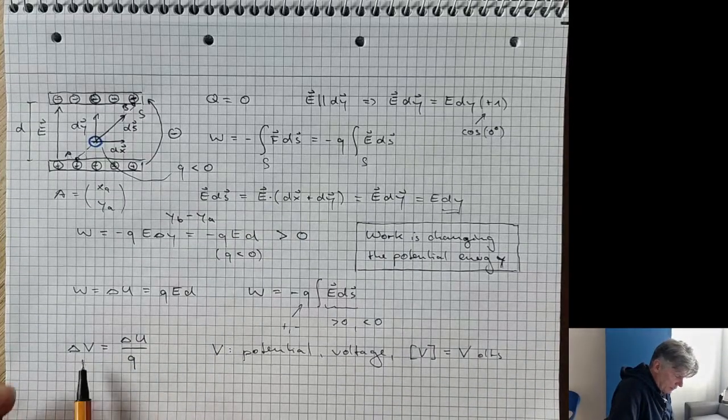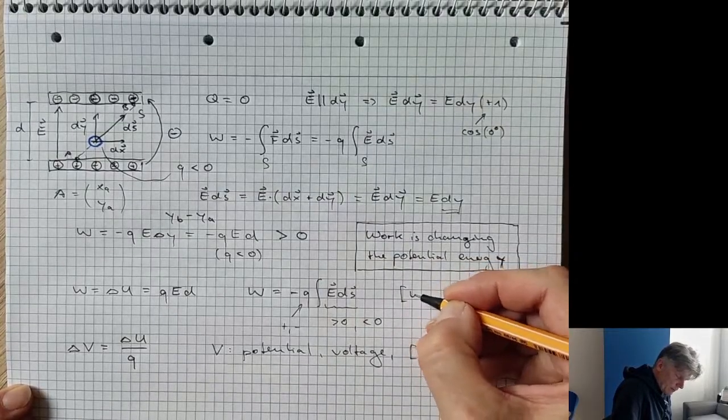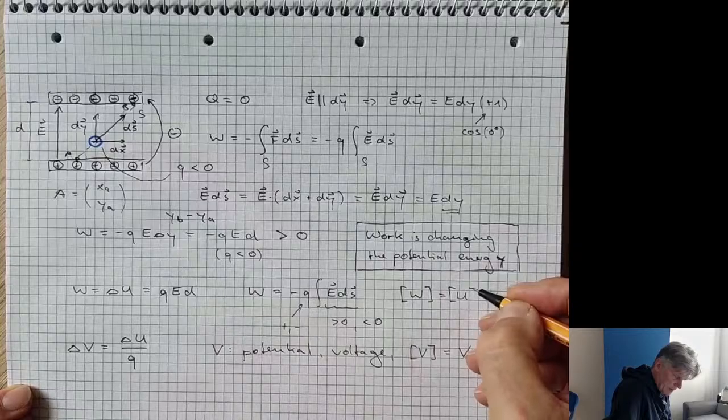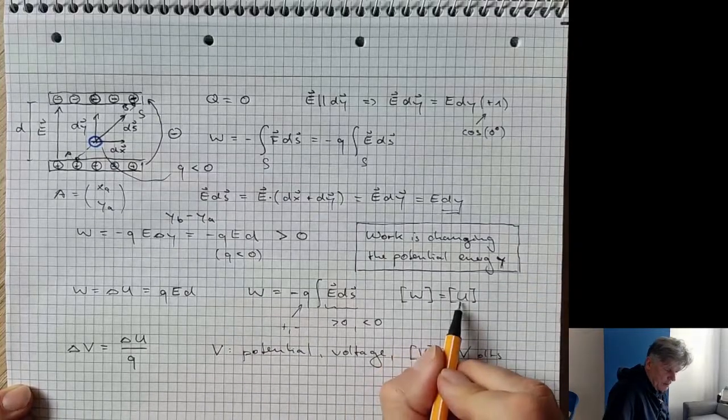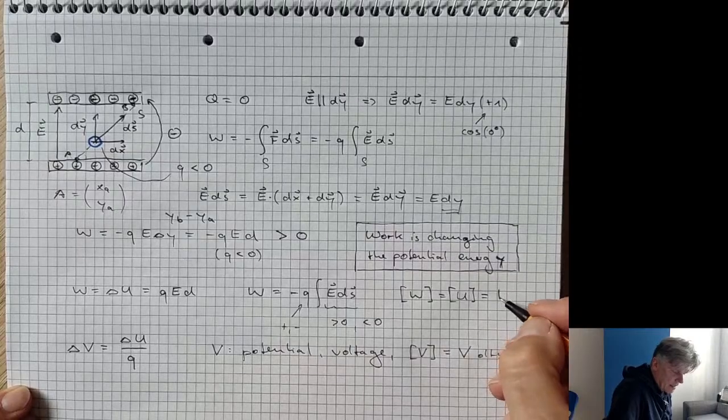Or you can see this also from here, of course, the unit of W, the unit of work, is the same as the unit of potential energy, and energy is joule.